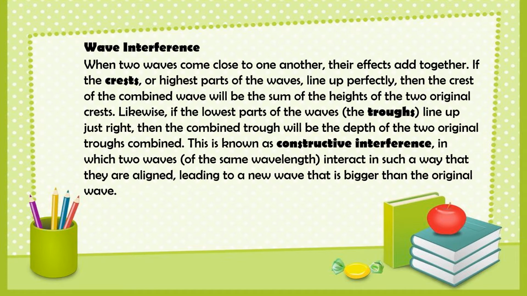Likewise, if the lowest parts of the waves, which are called the troughs, line up just right, then the combined trough will be the depth of the two original troughs combined. This is known as constructive interference, in which two waves of the same wavelength interact in such a way that they are aligned, leading to a new wave that is bigger than the original wave.